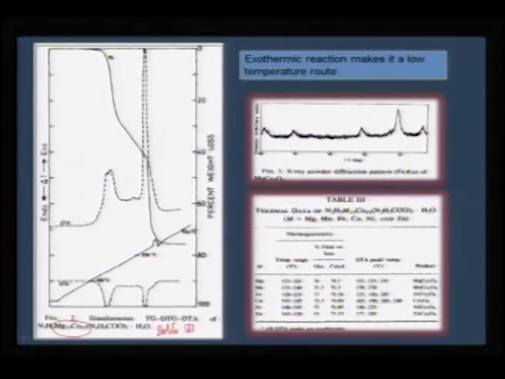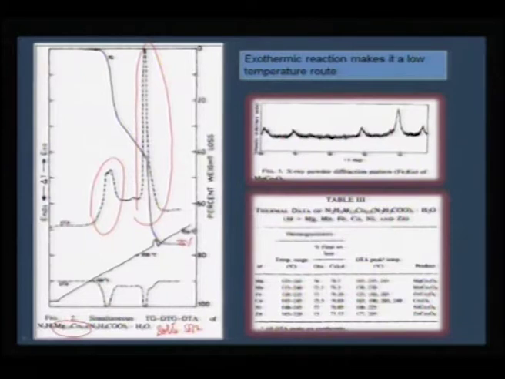This is a solid solution, and if you run the TG-DTA, this is your TG pattern, which shows that there is a weight loss of up to 75%. So, nearly 75% weight loss is there, and during this weight loss there are two things happening. One, there is a peak here, and then there is another peak which is forming here. Both incidentally are exothermic in nature.